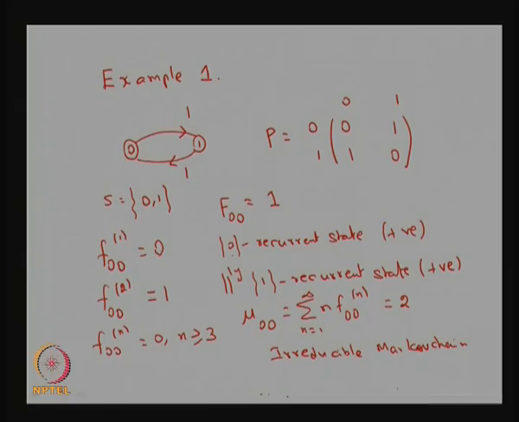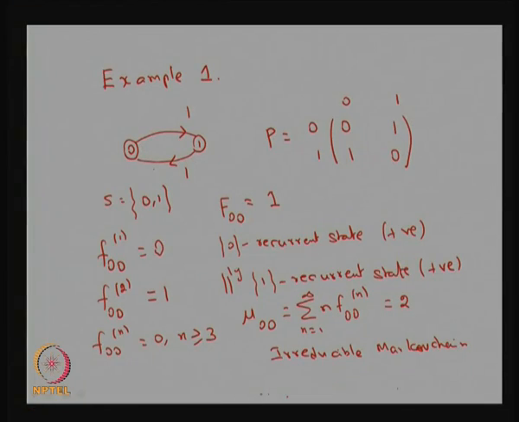You can find out the periodicity for the state 0 by evaluating D0, that is nothing but the greatest common divisor of all possible steps in which the system is coming back to the same state. So, if you see the state transition diagram, if the system starts from the state 0, it comes back to the same state either by 2 steps or 4 steps or 6 steps and so on.